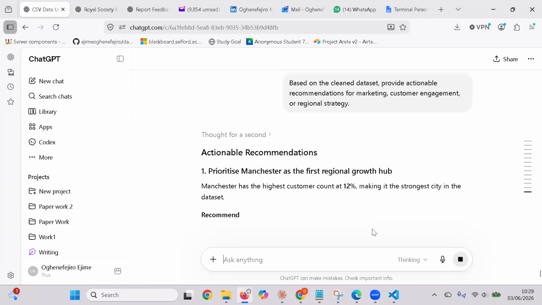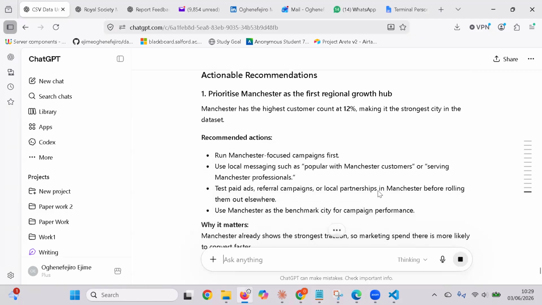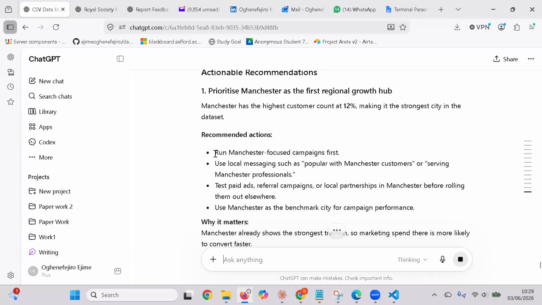Yeah, so the recommendation: look at it, run a Manchester-focused campaign. Exactly. Why? Because Manchester has the highest customer count. Use local messages popular in Manchester, with Manchester customers serving Manchester professionals. Test paid ad campaigns and local partnerships before rolling out elsewhere.